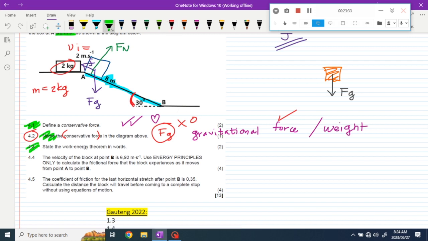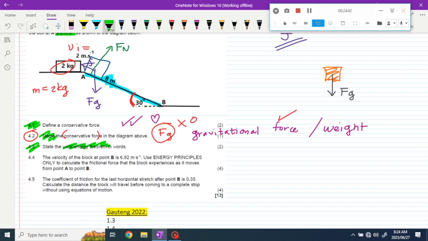Now, you see, over here, and this is how we normally, not all the time, structure our questions. Here we said define a conservative force. In the next question we said name it. You see, the definition leads you to the next answer. Now we say state the work-energy theorem. Most of the time, in grade 12, they say state a theorem, state a principle. Not all the time, but more often than not.